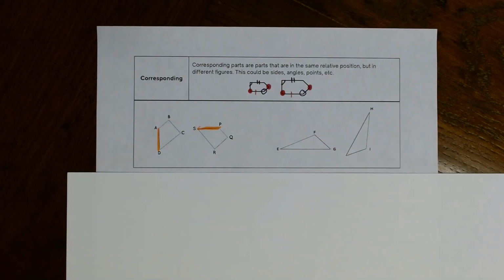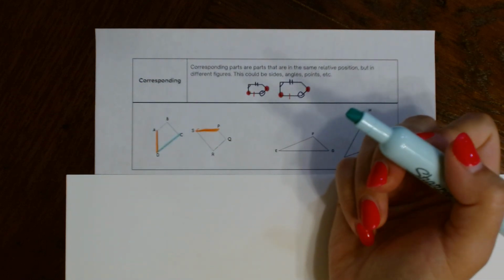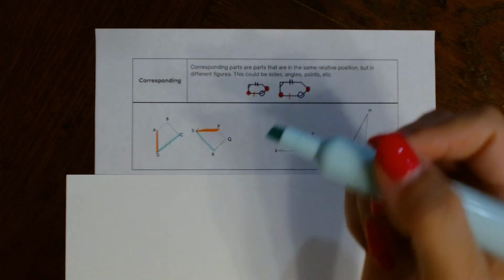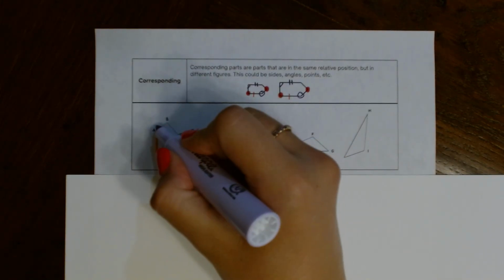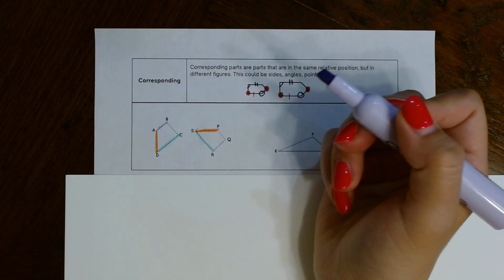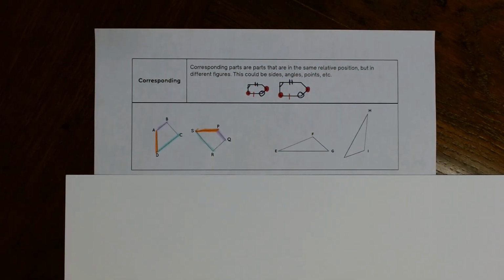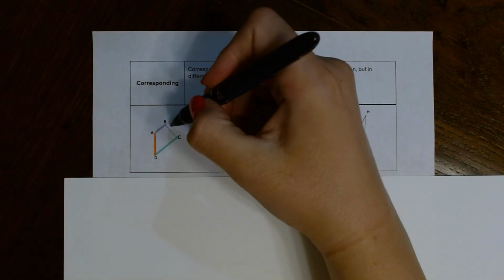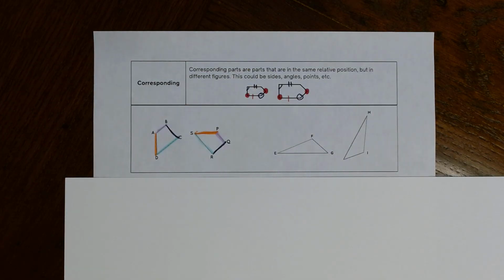It's just been turned. This is what I'm going to call my base. And this is also my base. So those are corresponding sides. This top right here and this top over here are corresponding sides. And then this side and this side are corresponding sides. Okay, so those are corresponding sides.